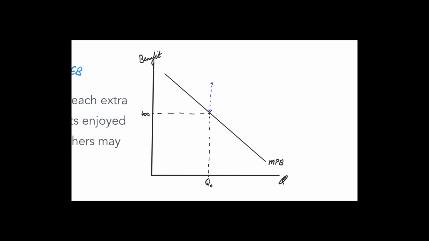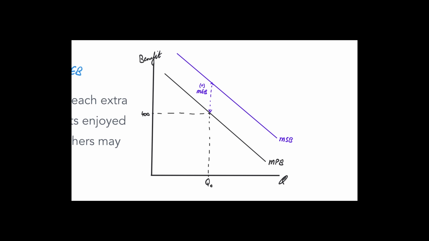Actually, it's going to be added at every price level. And so it's going to shift my curve upwards by the external benefit. The distance over here is the positive external benefit. It's the positive marginal external benefit. And so when I add it to my private benefit, it becomes my marginal social benefit.